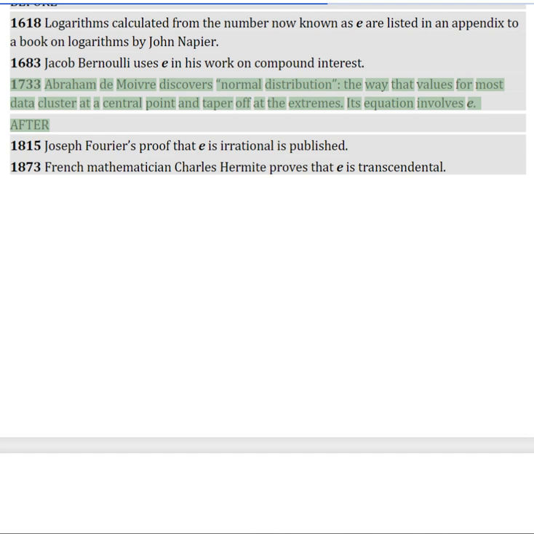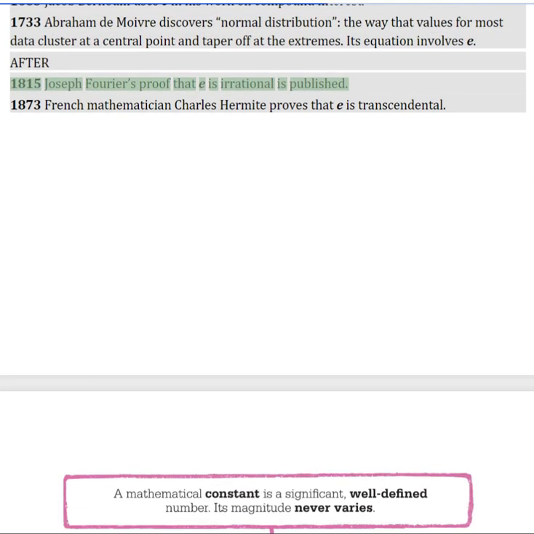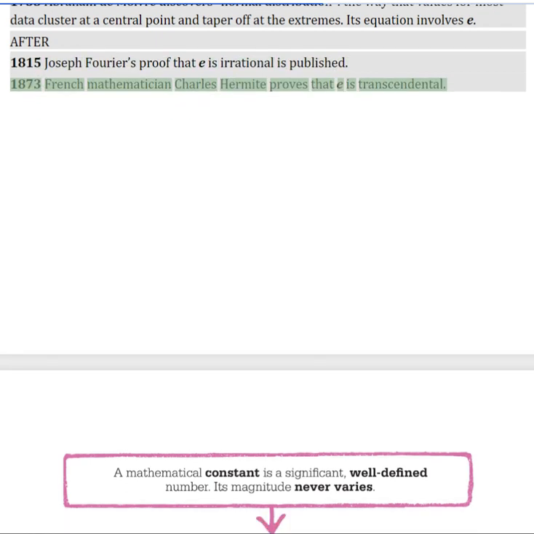Its equation involves e. After 1815: Joseph Fourier's proof that e is irrational is published. 1873: French mathematician Charles Hermite proves that e is transcendental.